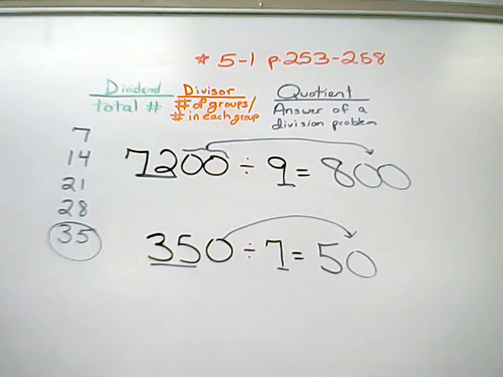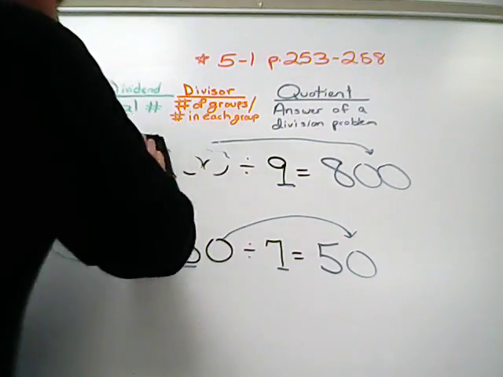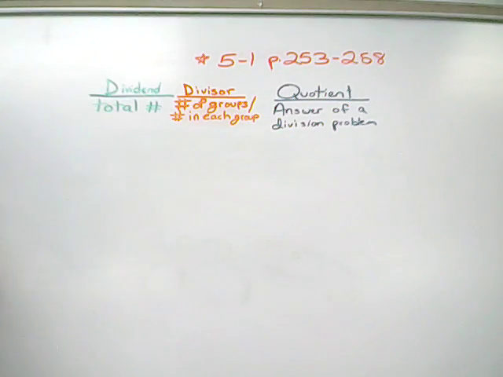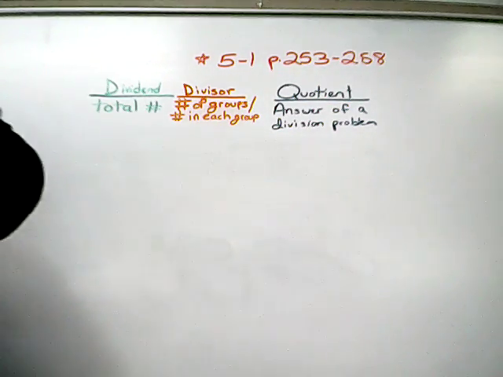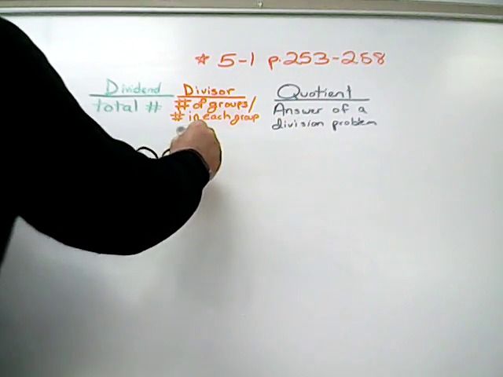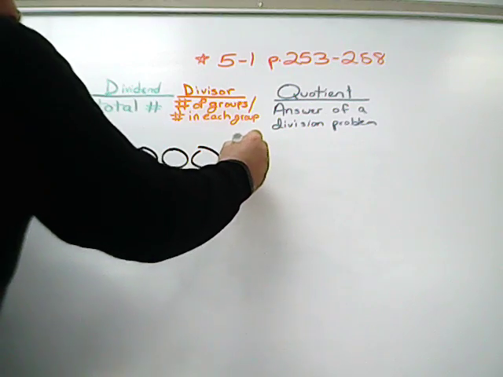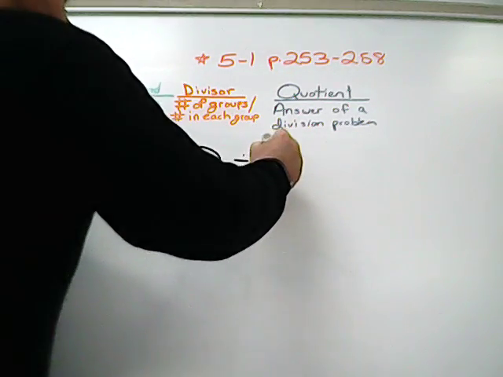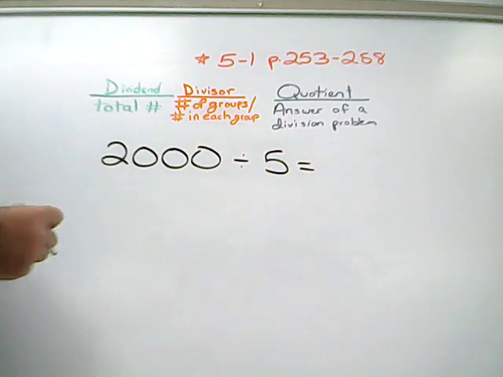One final problem, where sometimes we get a little tripped up, I'm going to do for you here. My dividend, my total, is going to be 2,000. And I'm going to divide those 2,000 items by my divisor, which is 5. And I'm going to come up with a quotient.